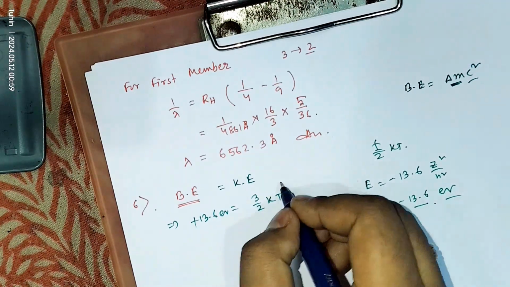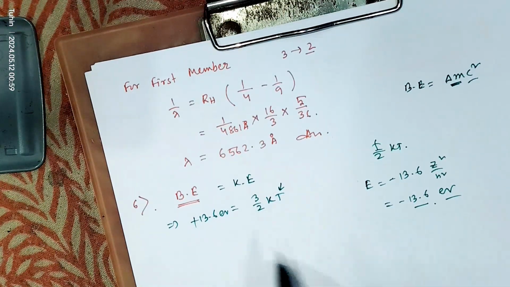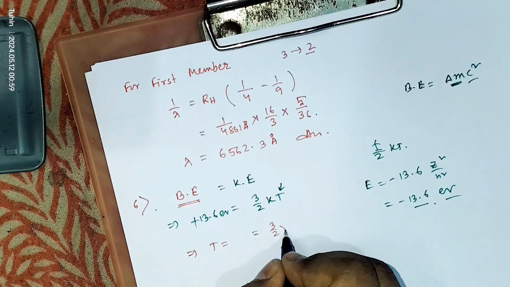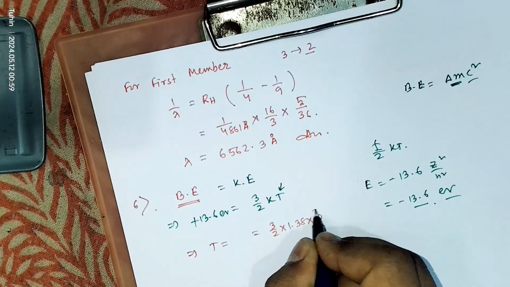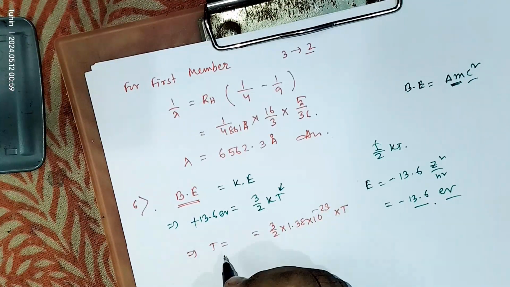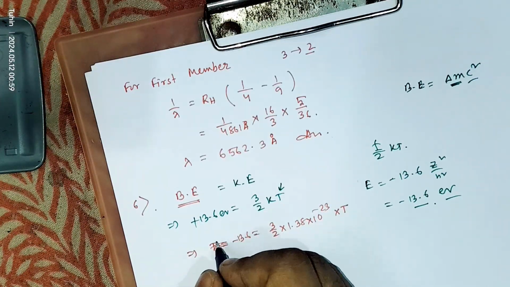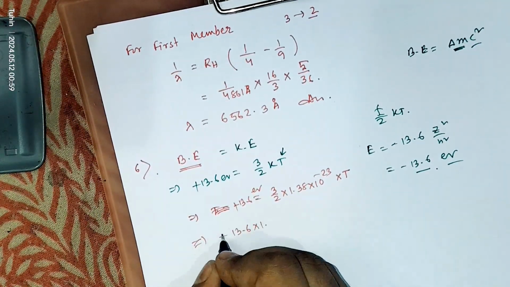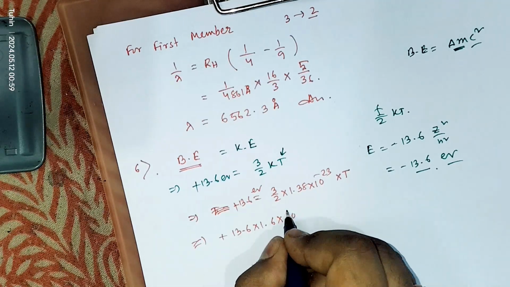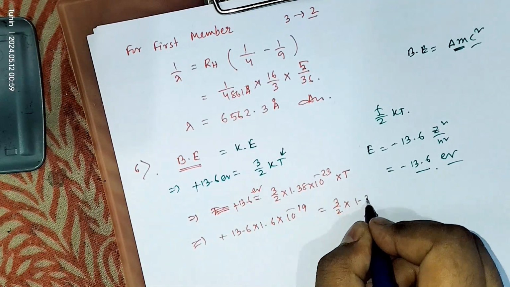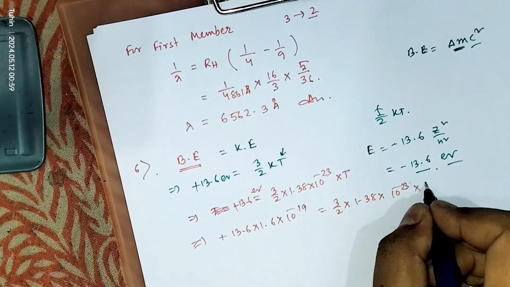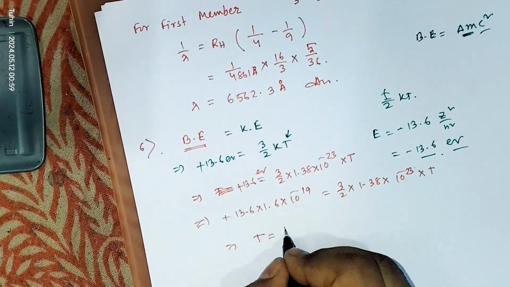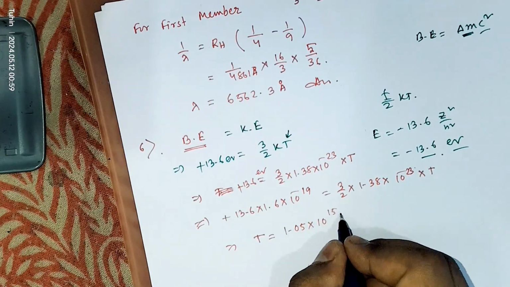From here you will get the value of T. So 13.6 into 1.6 into 10 to the power minus 19, in eV converted to joules, equals 3 by 2 into 1.38 into 10 to the power minus 23 into T. Now calculate the numerator and denominator using a calculator, and you will get T equal to 1.05 into 10 to the power 5 K.